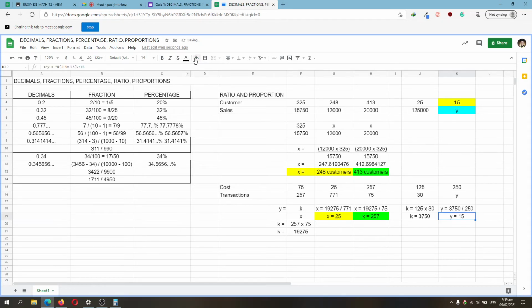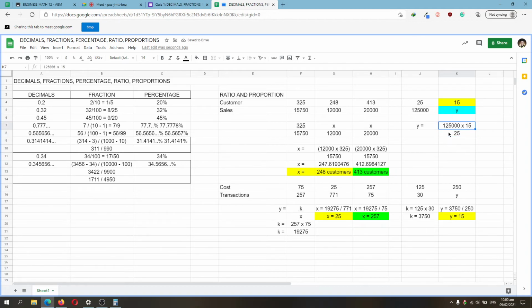So, 15 customer din. Next, ano yung susunod natin? Hahanapin natin yung expected na sales. Since direct yung kanilang tinatawag na relationship or yung proportion, direct proportion, pag nag-increase, mag-i-increase. Kapag magdi-decrease itong customer, magdi-decrease din to. So, that is equivalent to Y is equal to 125,000 multiplied by 15 divided by 25. Tama ba?